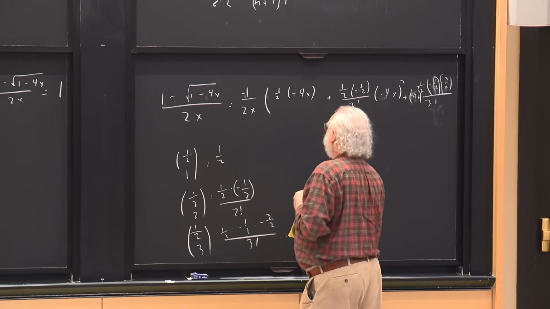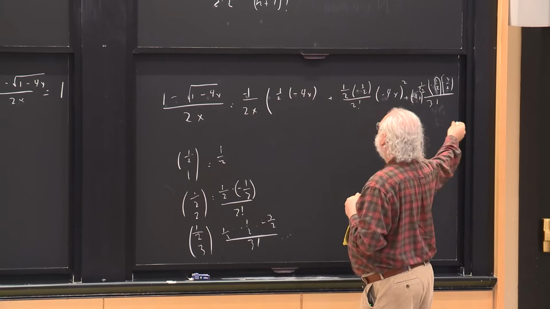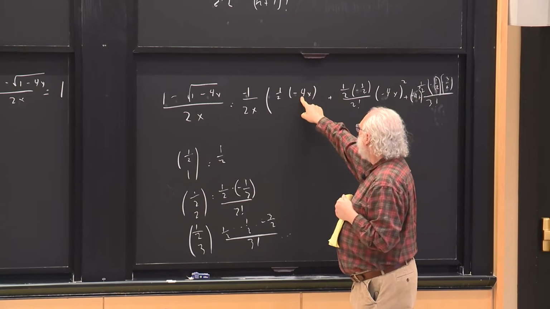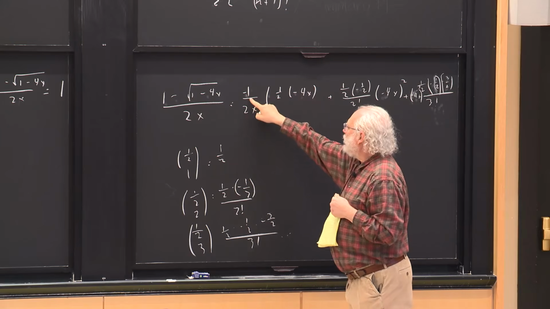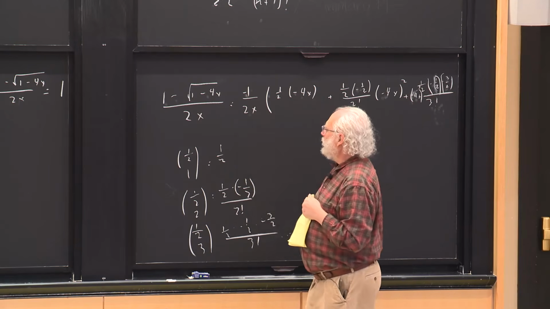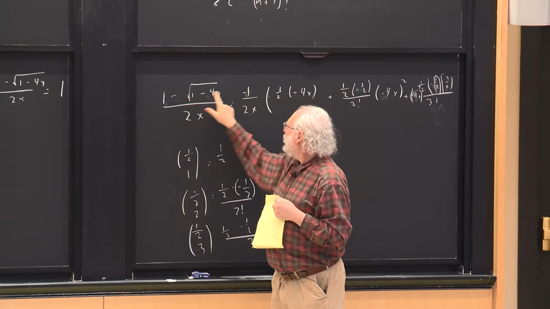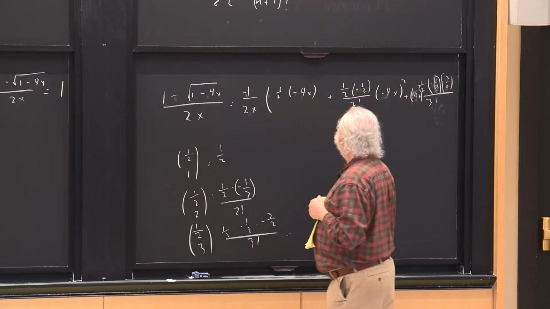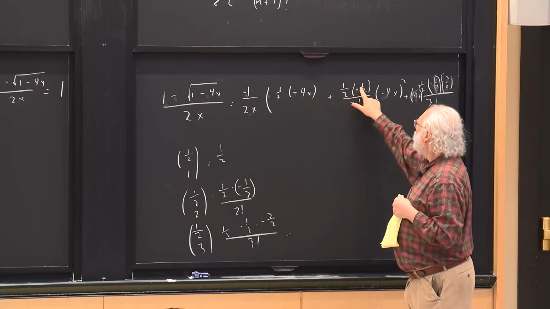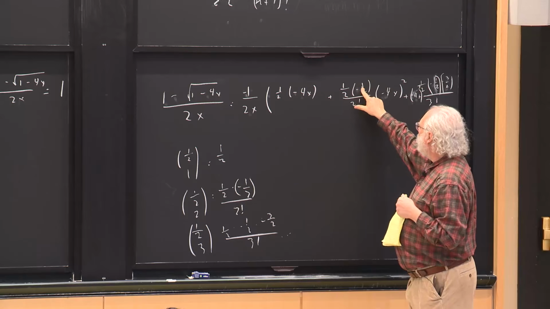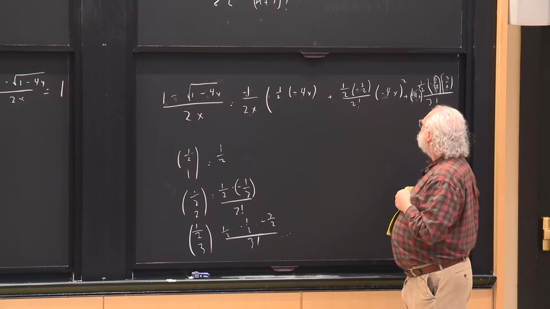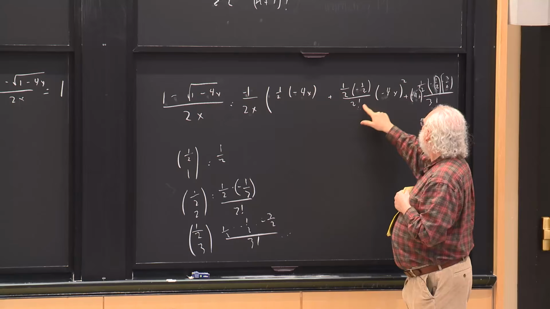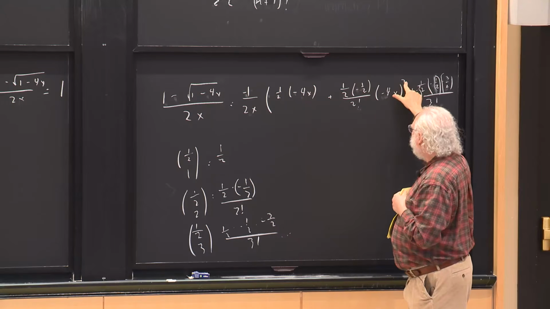So here are the first few terms of the expansion. In the first term, you have a minus 4x and a minus 1 over 2x, because the minus 1 over 2x term here comes from this minus sign. The second term, you have 1/2 times minus 1/2 divided by 2 factorial times minus 4x squared.